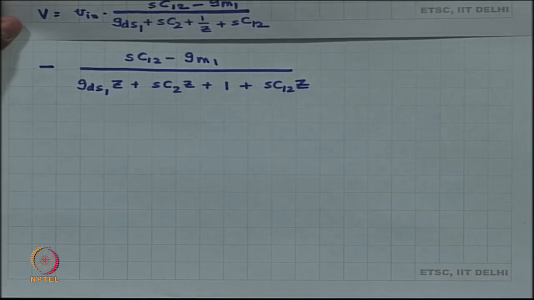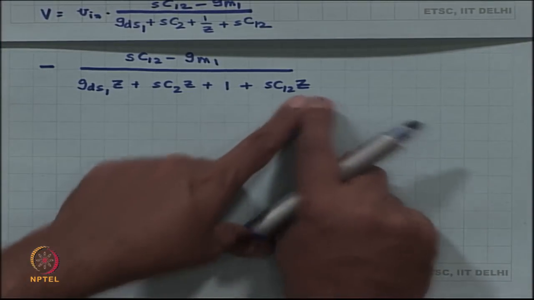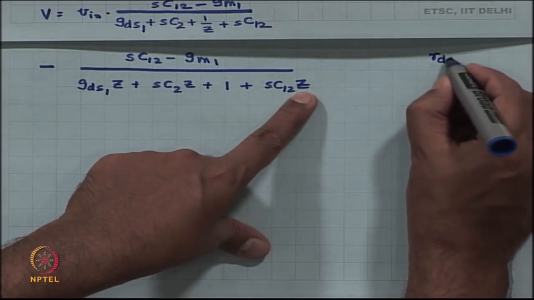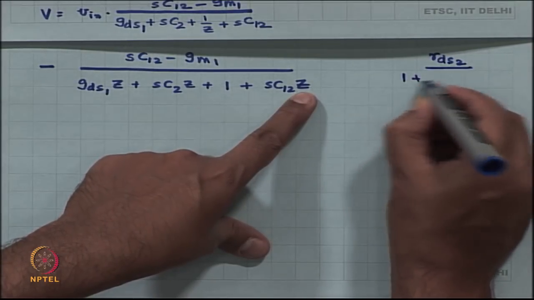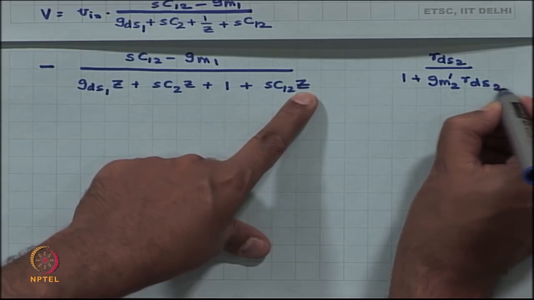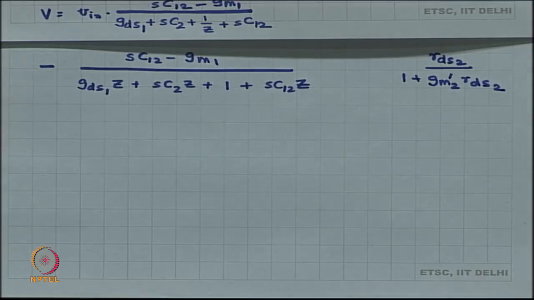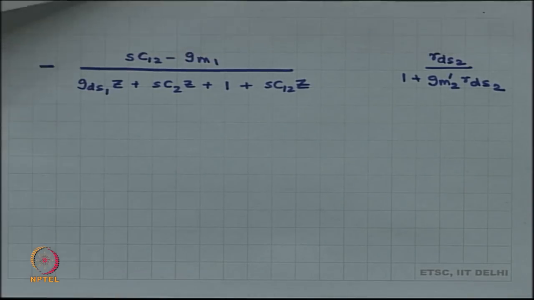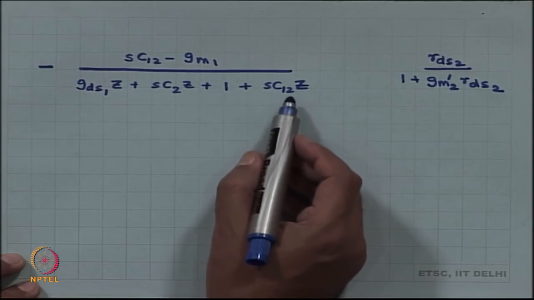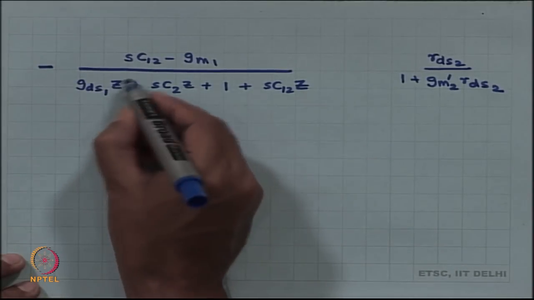Okay, so, this is the short circuit transconductance, and Z I will plug in as RDS2 by 1 plus GM2 prime RDS2. Okay, where GM2 prime is understood to be GM2 plus GMB2. And now what do I do? I have got this.